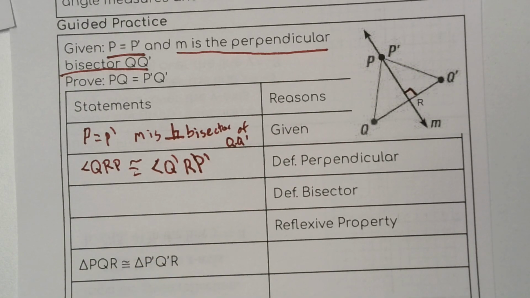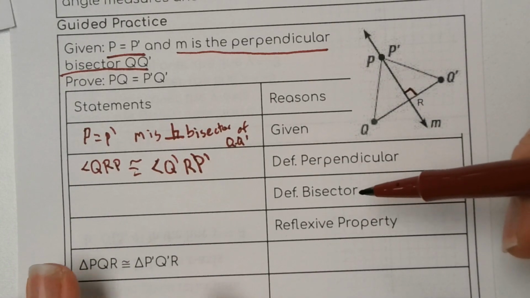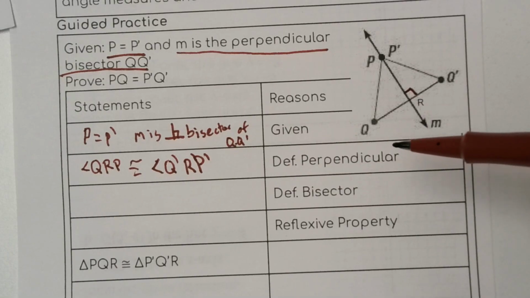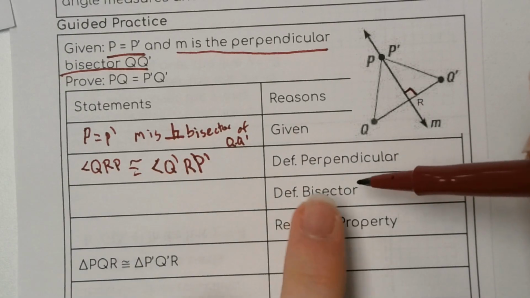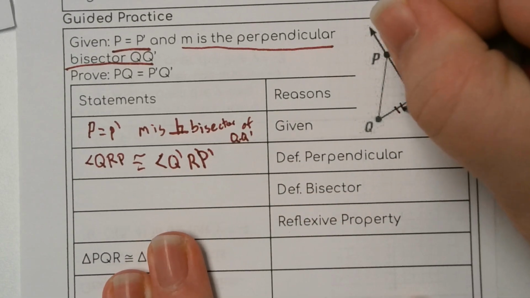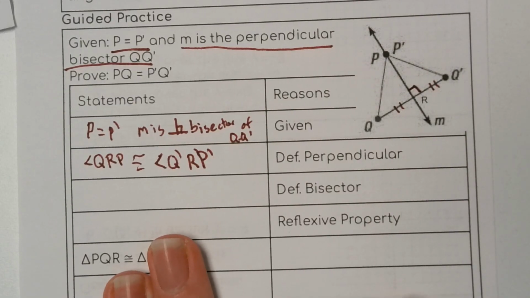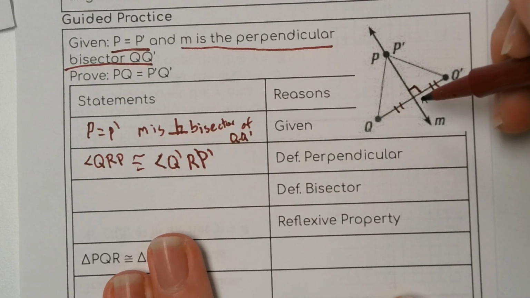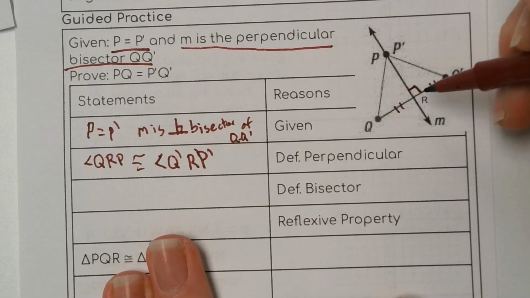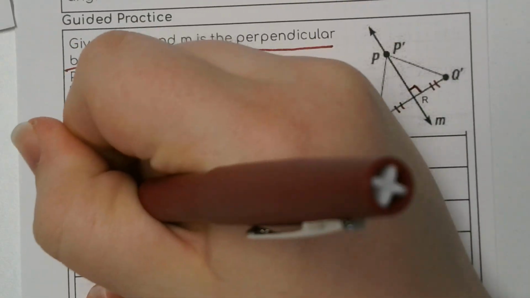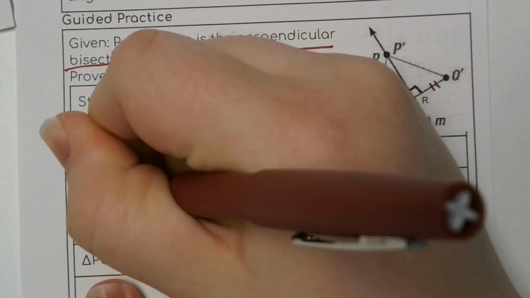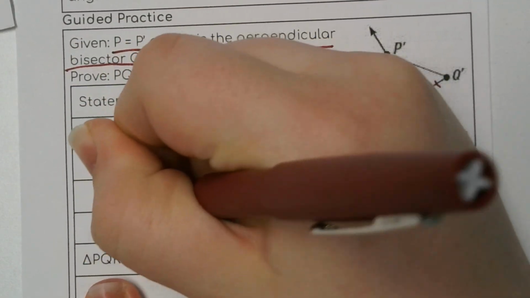That's what it's supposed to say. Okay, so the bisect part, remember if you're in science class, you dissect something, you cut it, right? Bisect means cut into 2 equal parts. So that means that QR is the same thing as Q prime R. So QR is congruent to Q prime R.